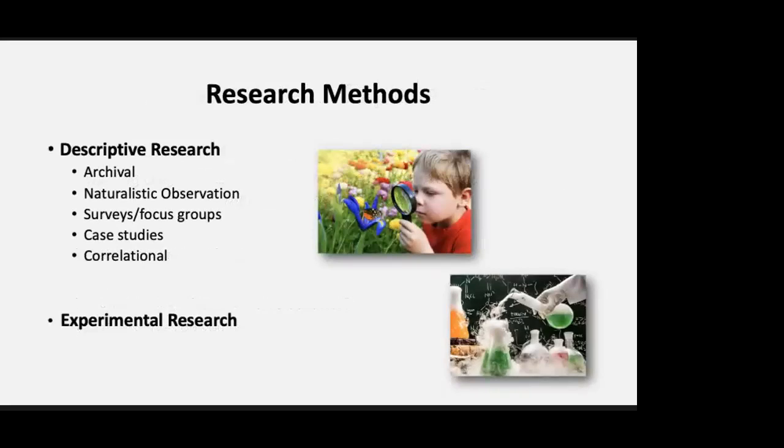Okay, so there are lots of different ways to conduct research. So we kind of went over the method of how you conduct research, right? You come up with a question, there's a theory involved, you formulate a hypothesis, and then of course you investigate your hypothesis and document your findings. But there are lots of different ways to do this.